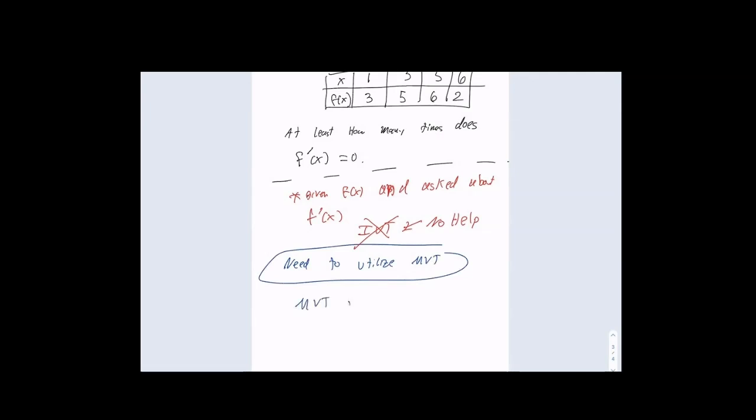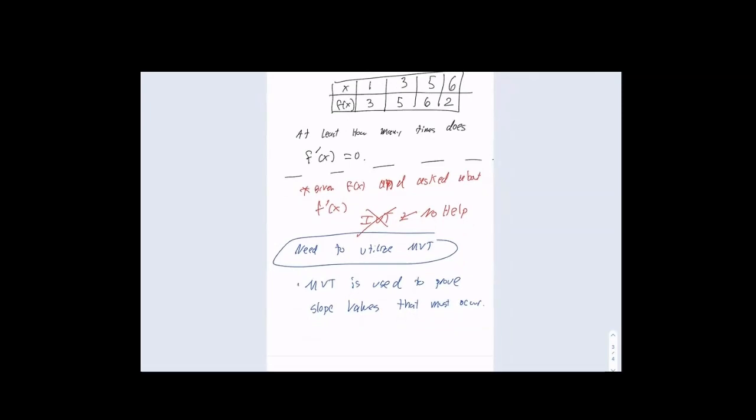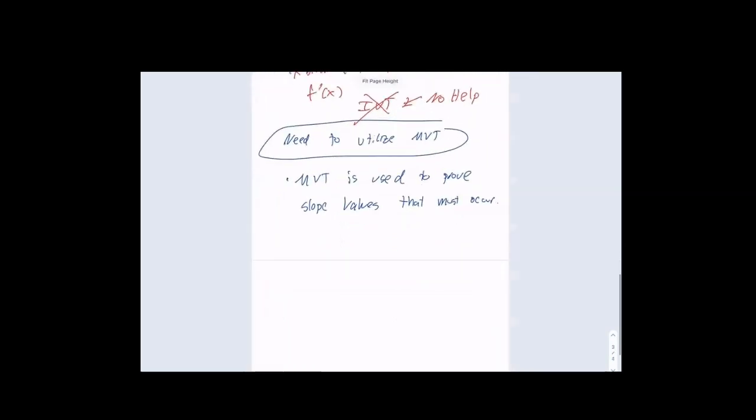So MVT is used to prove slope values that must occur. The mean value theorem is about slope.